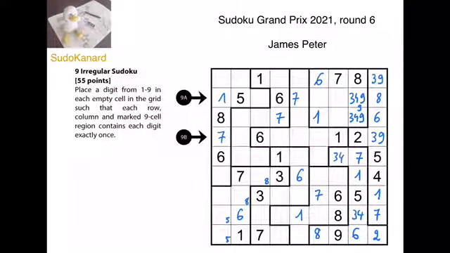This 3 makes this 4 or 5. And this 3 makes this 4 or 5 as well. So this one is a 3. And this column doesn't have a 3 here nor there, so this one is a 3, and it resolves the 3-9 pair.